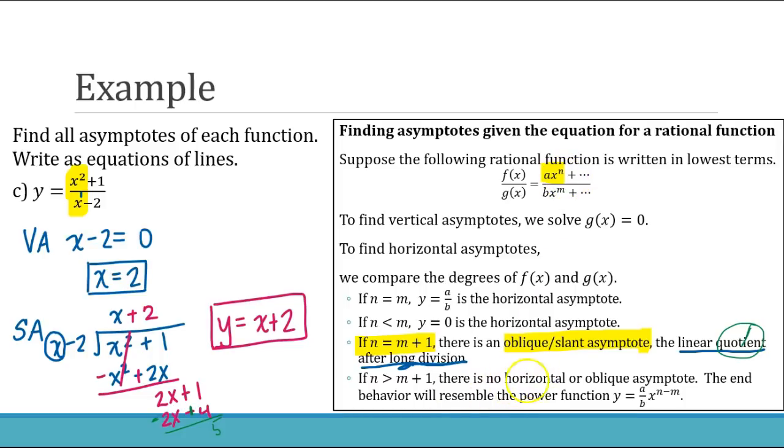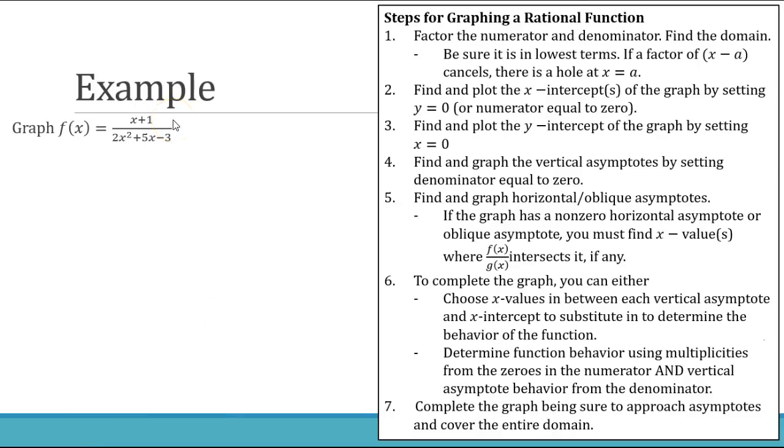When that happens, there's not a horizontal or an oblique asymptote, and the end behavior will resemble this power function here. So it's got its own unique formula. This is not necessarily super common among the ones we will see, but the formula is there for our reference.